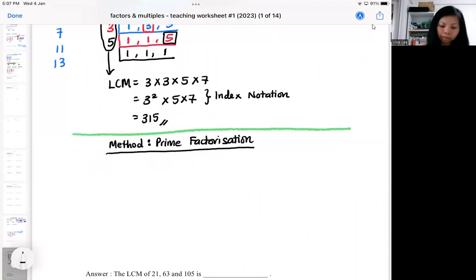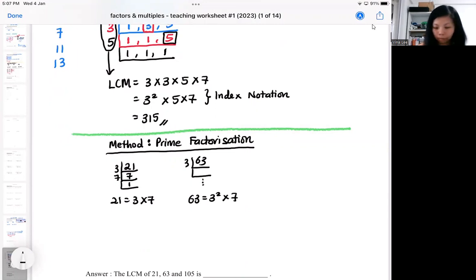It's a bit troublesome because there are 3 numbers, right? Some of you might feel that this one is so troublesome. I got to do 3 ladders. Yes, you need to do 3 ladders, but it's not as bad as you think. So you continue. Either you do your ladder or you do your branch out.